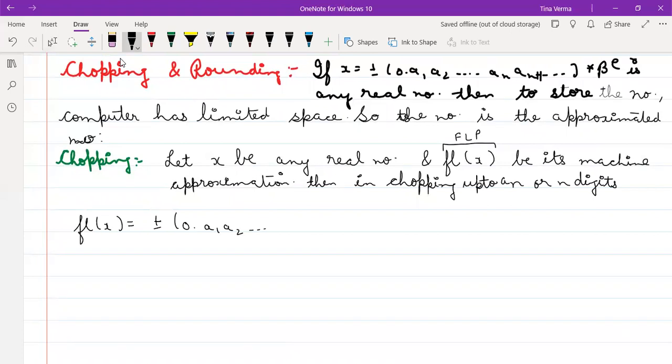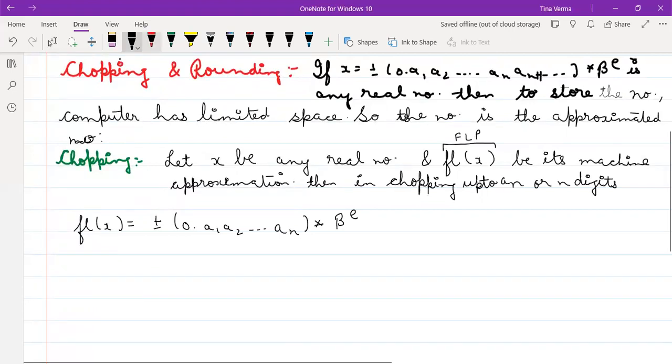So in the floating point representation, if I consider only n digits, the digits after an will be deleted, and you cut your number up to an.